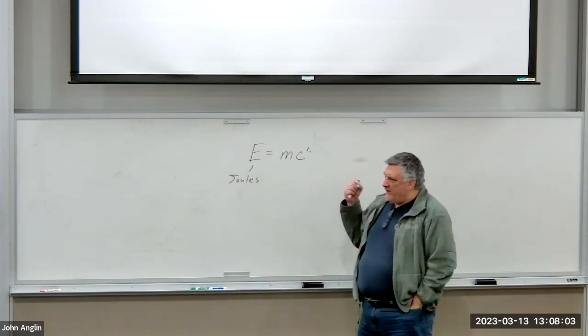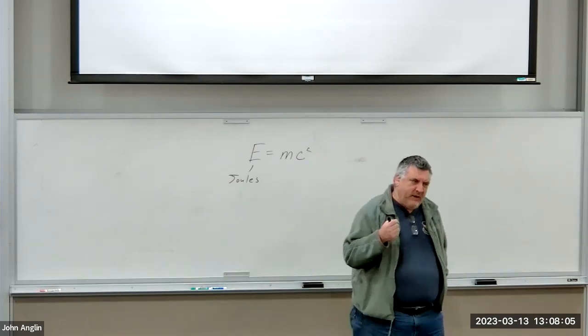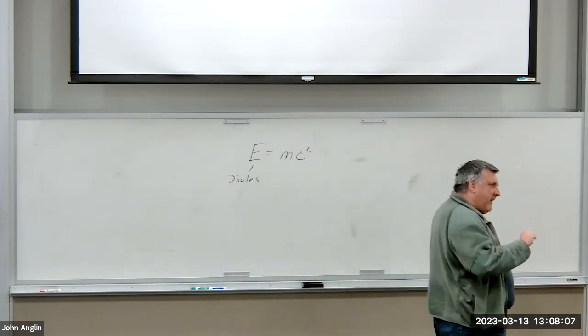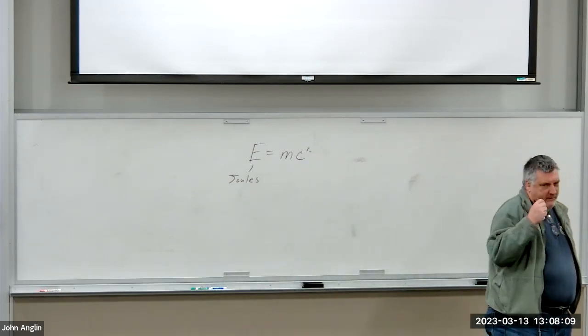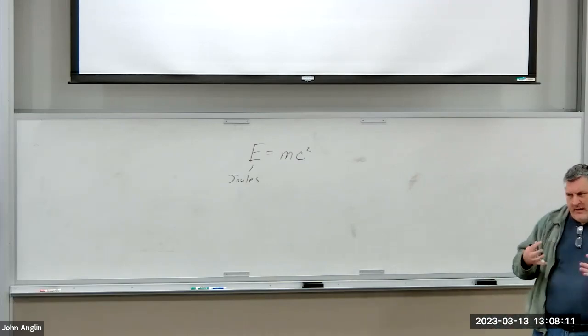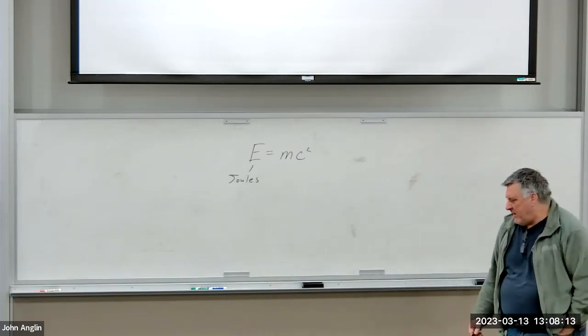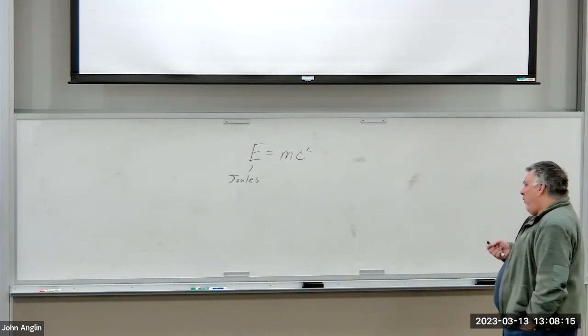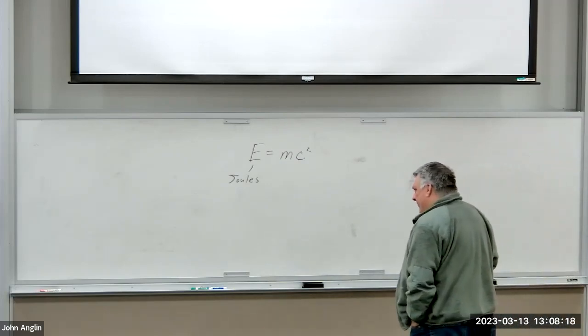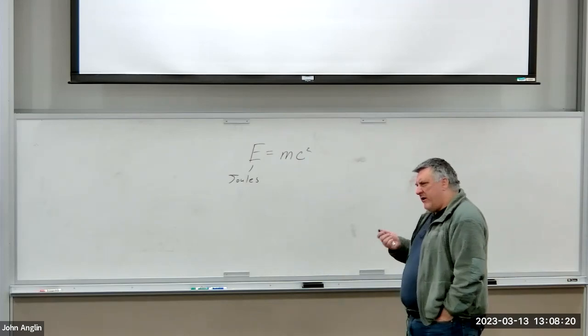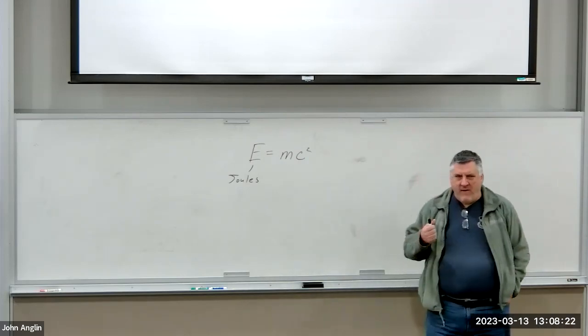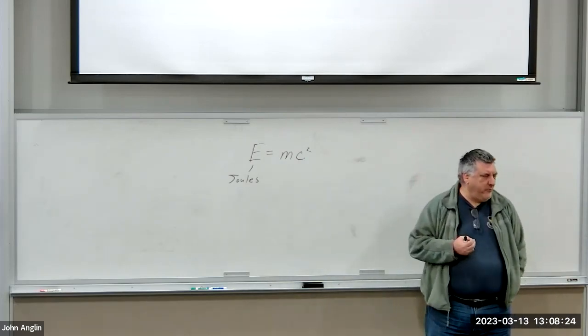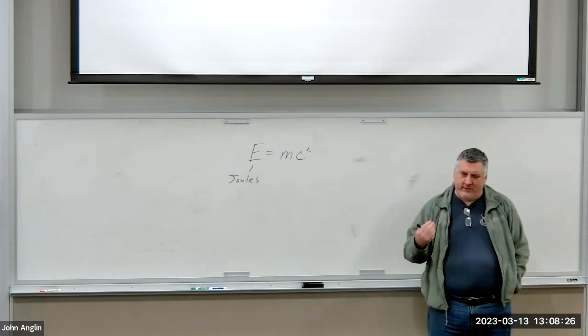Now, E equals mc squared is an equation that talks about the relationship between matter and energy. Matter and energy are kind of the same thing. What we have talked about so far generally has been forces. Forces have to do with the expenditure of energy.